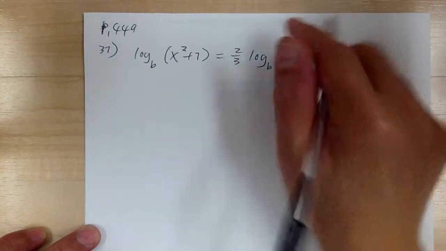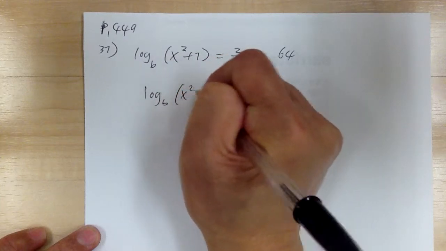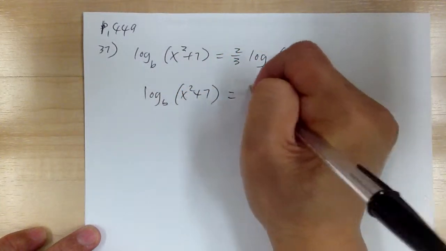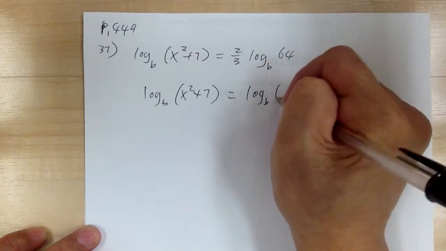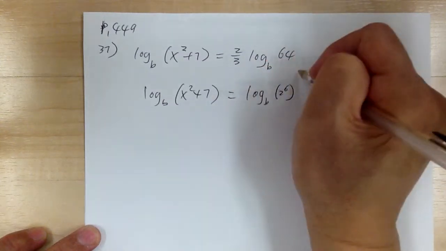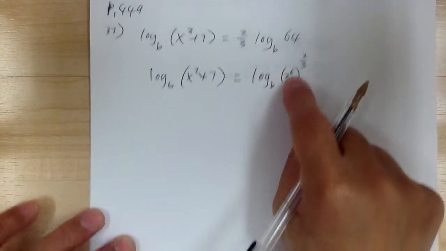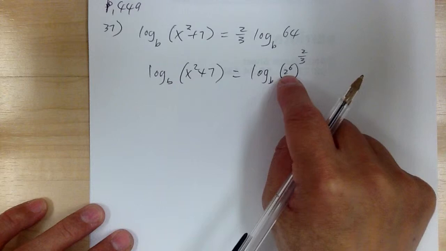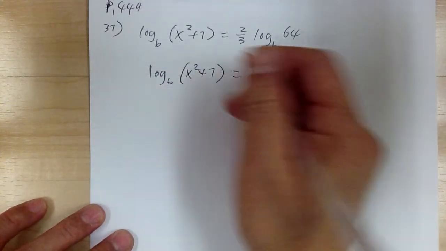So you have to bring this to the inside. 64, I'm going to make into 2 to the 6th power. So bring this over here and do that. Again, 64, I'm making to the lowest base possible. Now I can go and do the matching, right?